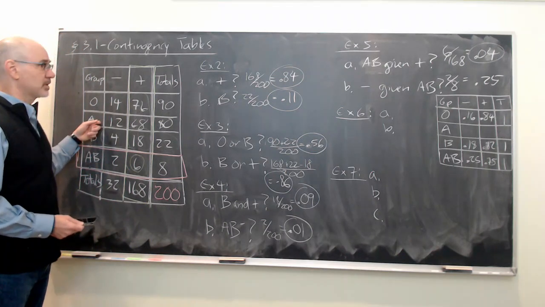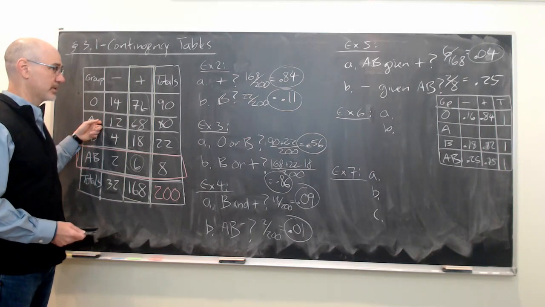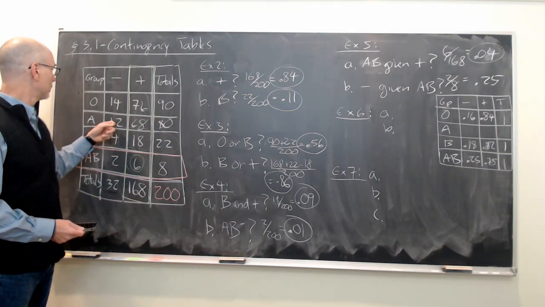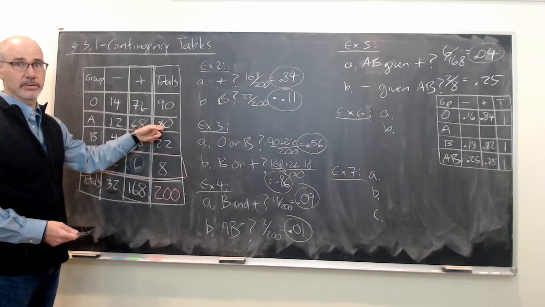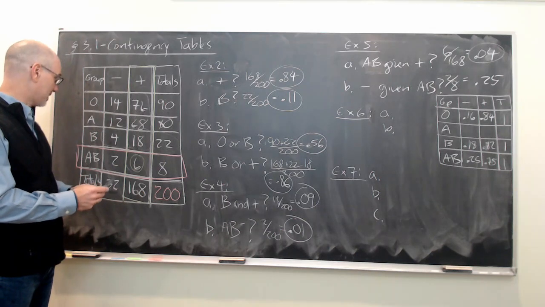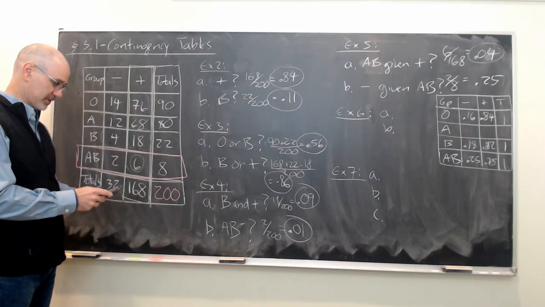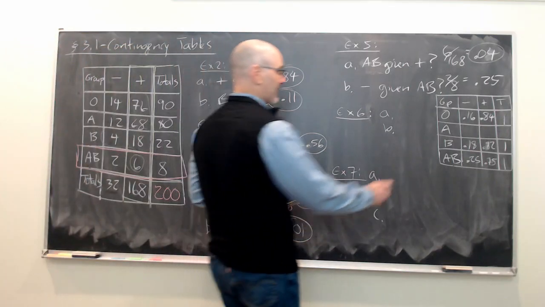So given blood type A, what percent or proportion are negative and which are positive? Well, the negative ones for A are 12 out of the total of 80 who have blood type A. So given A, negative proportion would be 12 divided by 80. That's a 0.15.